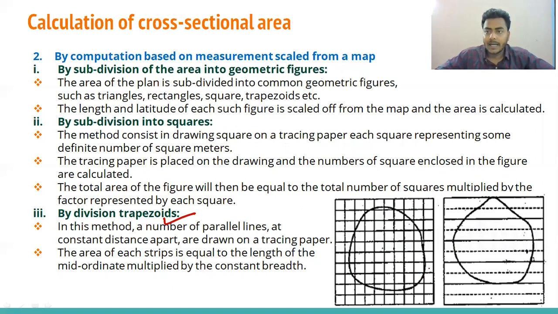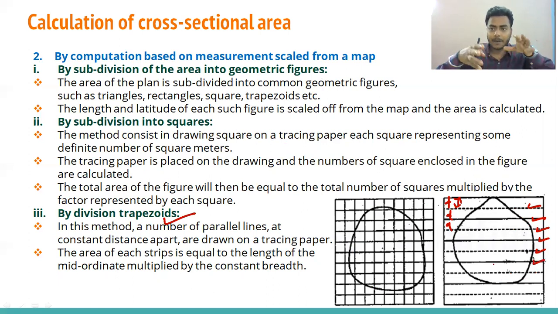In this case we take tracing paper and draw a number of parallel lines equidistant from each other. We maintain this distance, suppose D, so this is also D, and this also D. The interval lines are denoted by dotted lines and regular lines alternately, as you can see in the picture: dotted line, regular line, dotted line, regular line, like this.